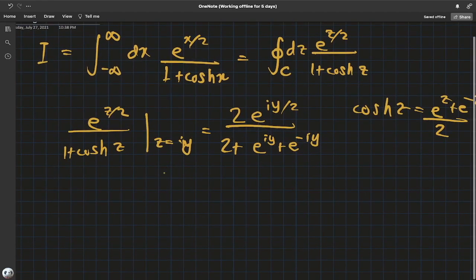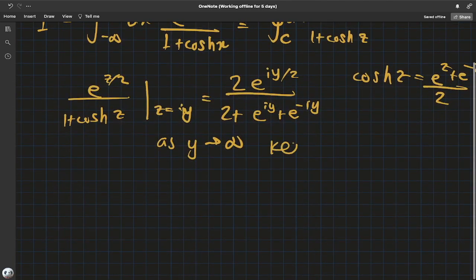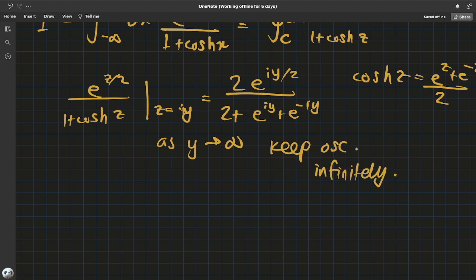If you notice, as y goes to infinity, this thing will keep oscillating infinitely, so it won't really go to 0.